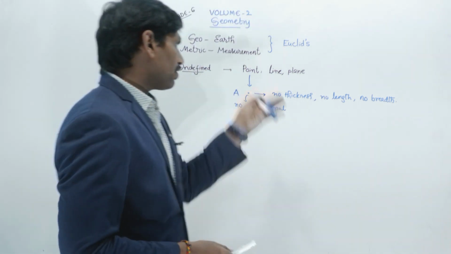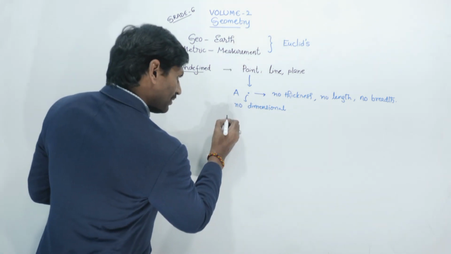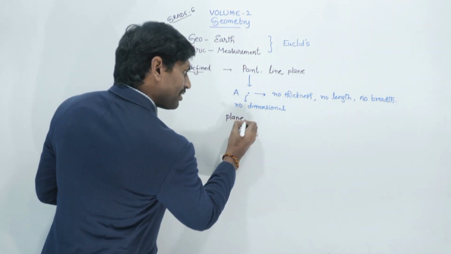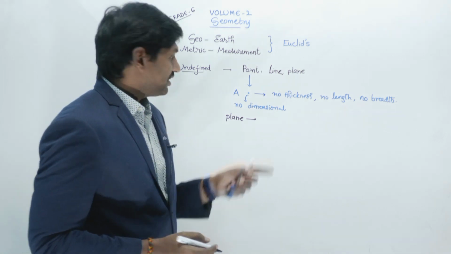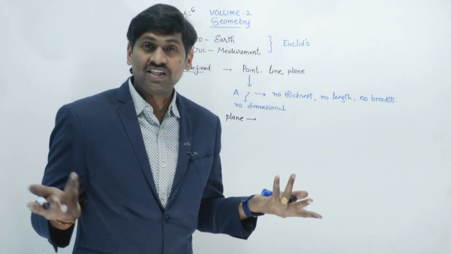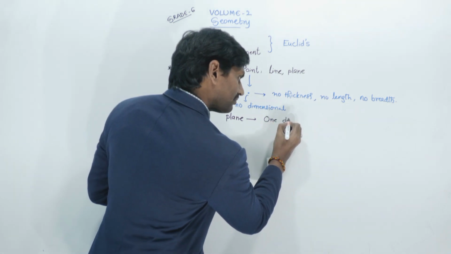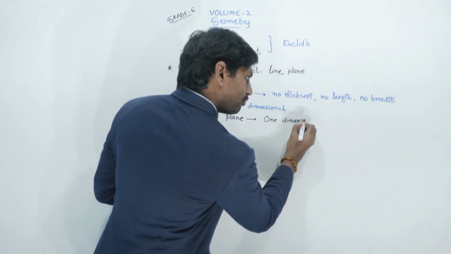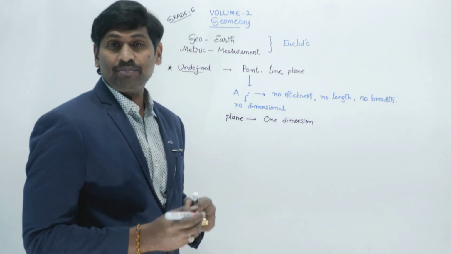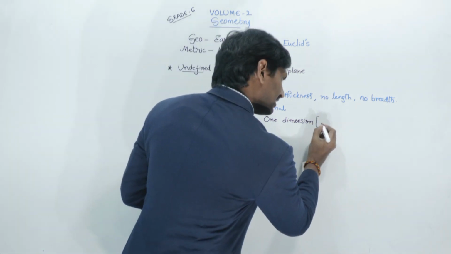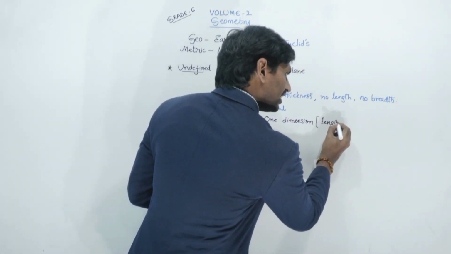Now coming to the line, a line is a one dimensional object. A point has no dimensions, but a line has only one dimension, and that dimension is length.